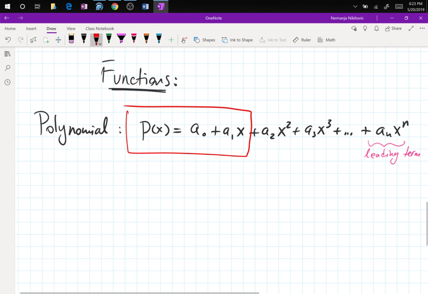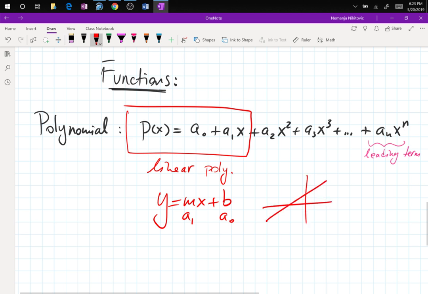Just say it. Linear. Very good. Your linear polynomial, y equals mx plus b is the way you learned it, where your b is a0 and m is a1 in our notation. And that's a linear polynomial, so that's your straight line that is somewhere.